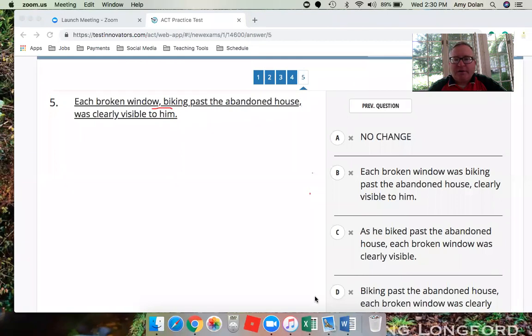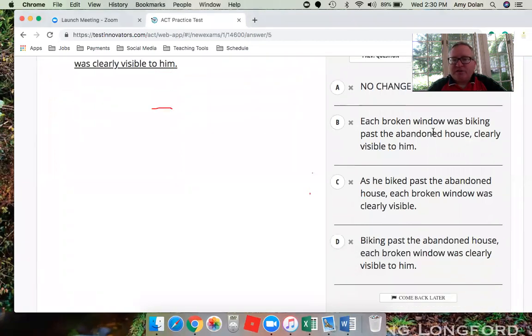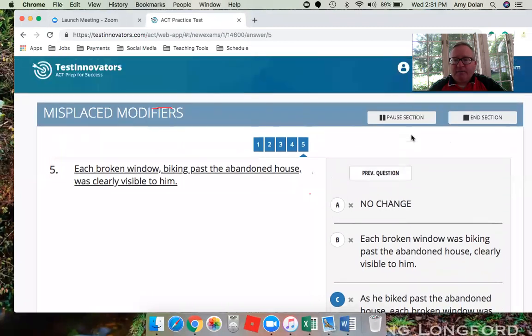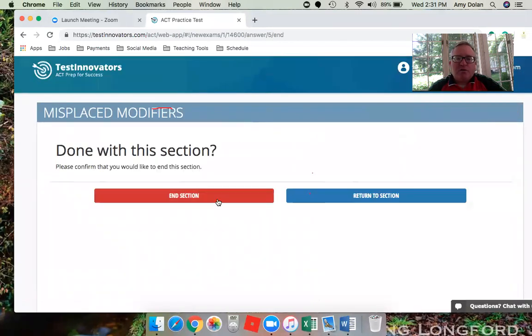Letter B would obviously suggest that it was the broken windows that were biking. This one could be: as he biked past the abandoned house, each broken window was clearly visible. And biking past the abandoned house, each broken window, which should suggest that the windows were biking. To make it clearer, it's like as he biked past the house, just to show that it was a person rather than a window.